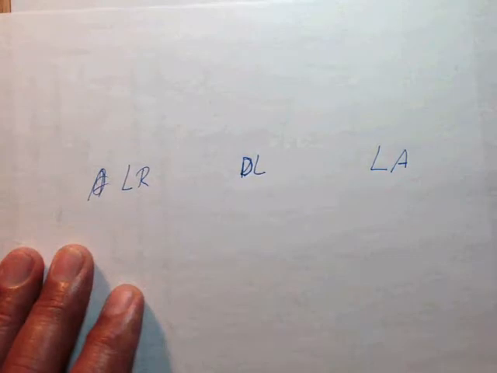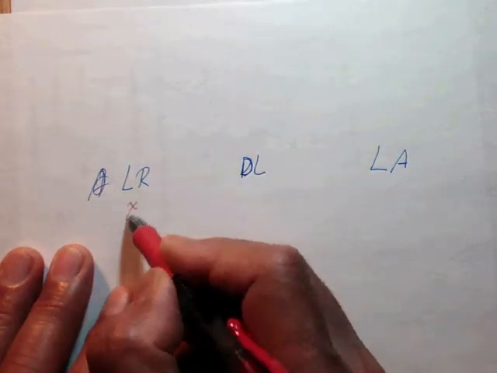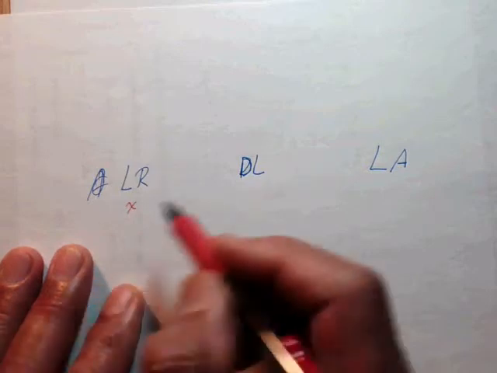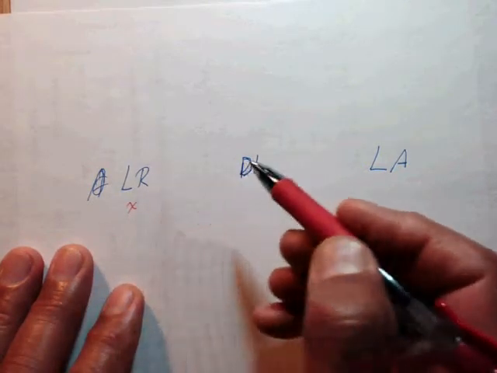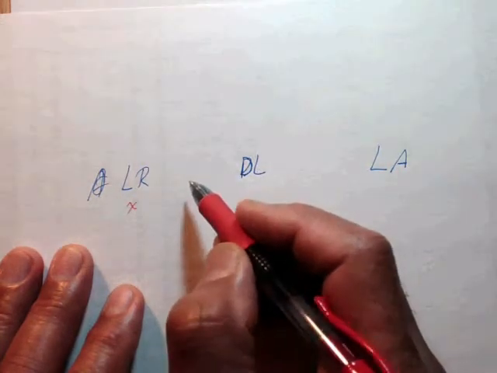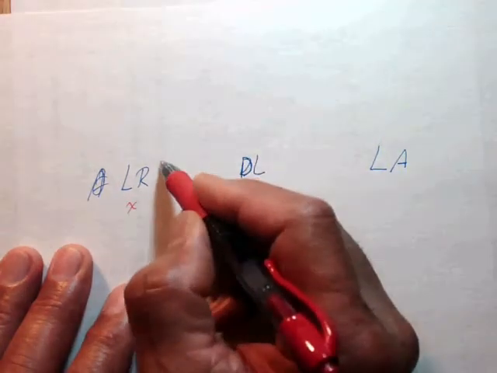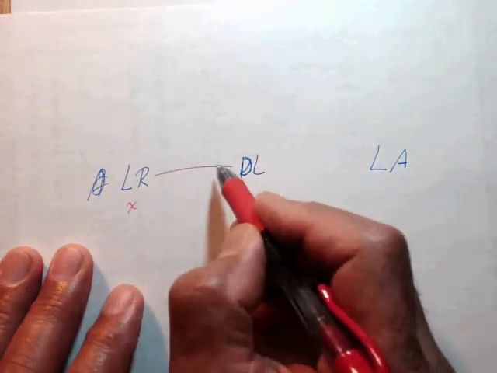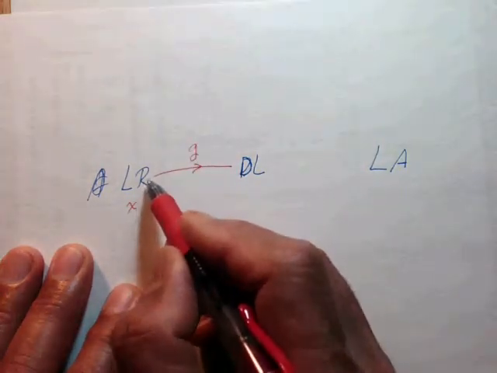So what happens? Let's say this is X, this is U. From Little Rock, you take one airline, let's say airline G, and fly from Little Rock to Dallas.